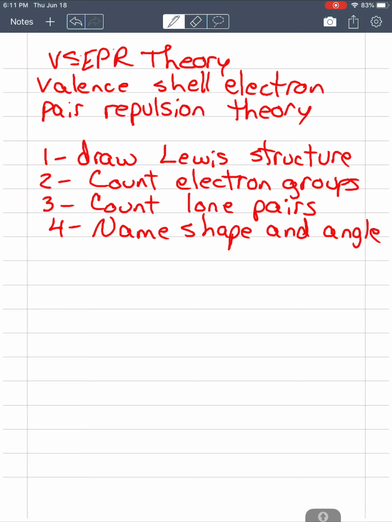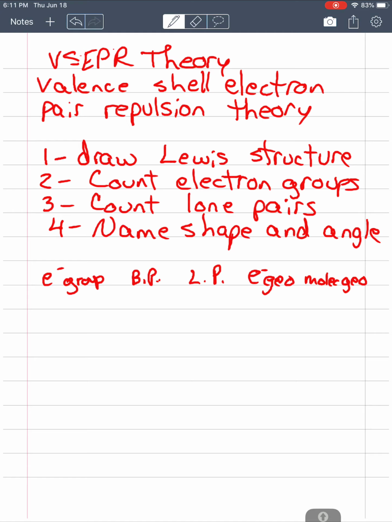You may see in some charts they'll have something like electron groups, and then bonding pairs, and then lone pairs, and then electron geometry, and then molecular geometry, and then the shape.